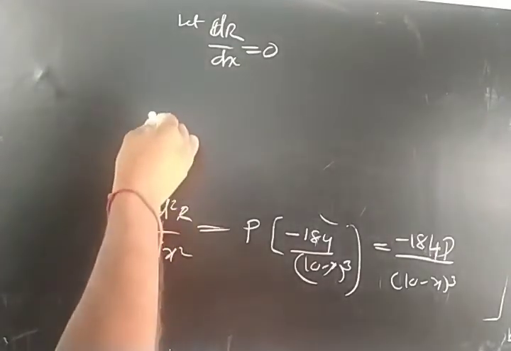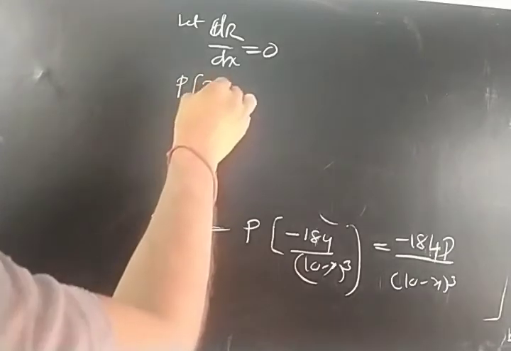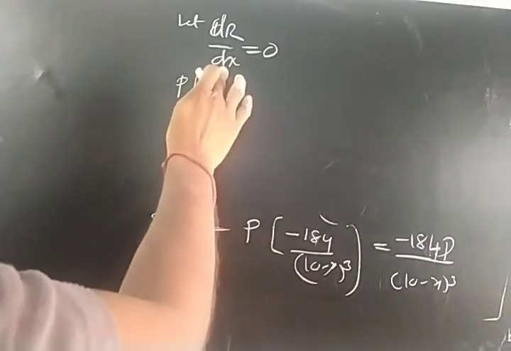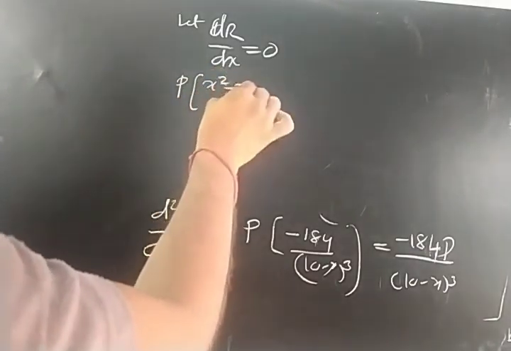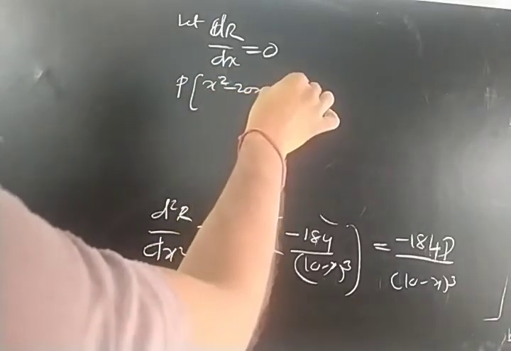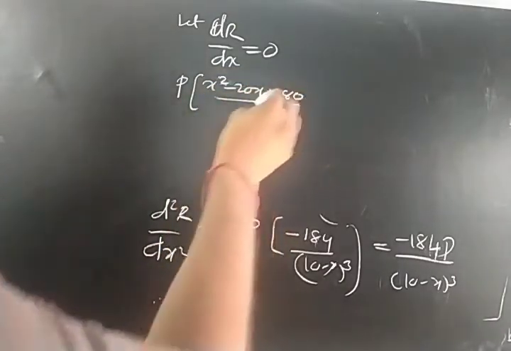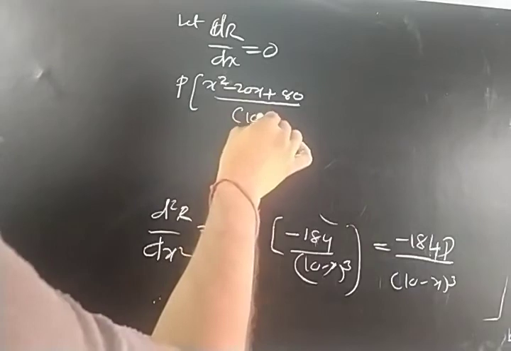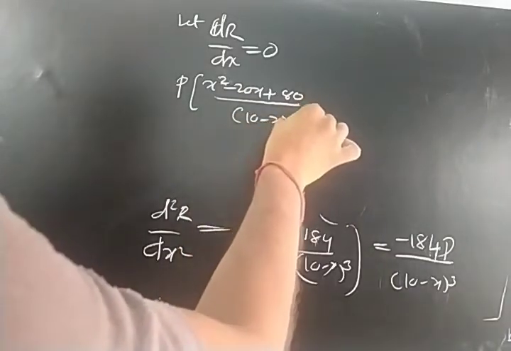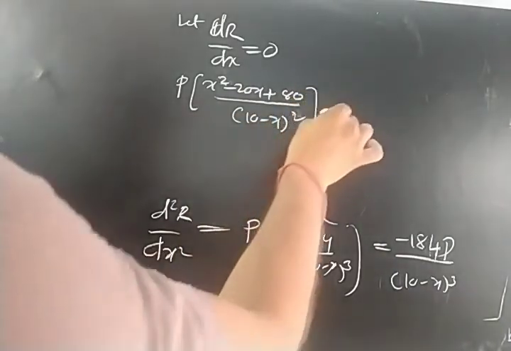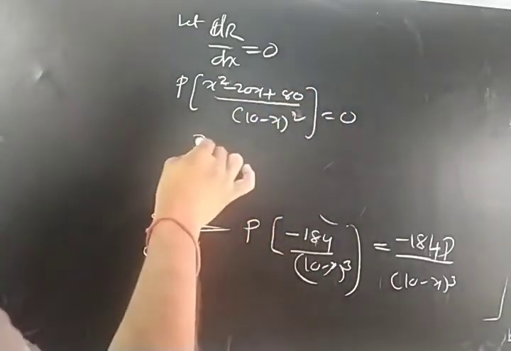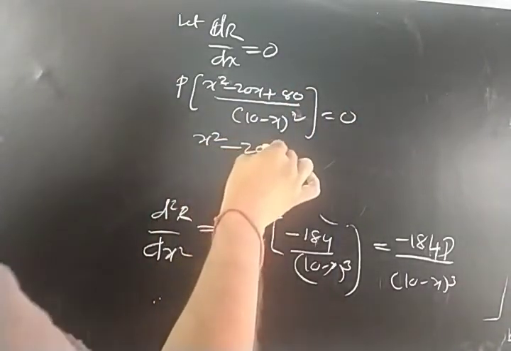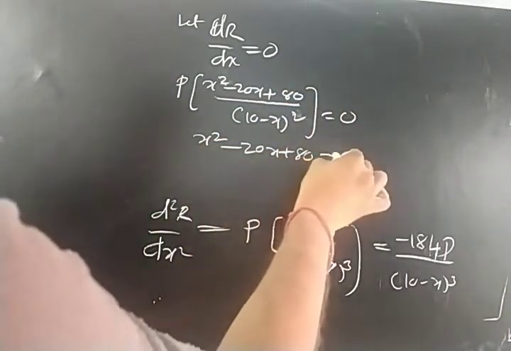What is dR/dx? That is P into (x² minus 20x plus 80) by (10 minus x) whole square is equal to 0. By sending every term to the right hand side, you will get x² minus 20x plus 80 is equal to 0.